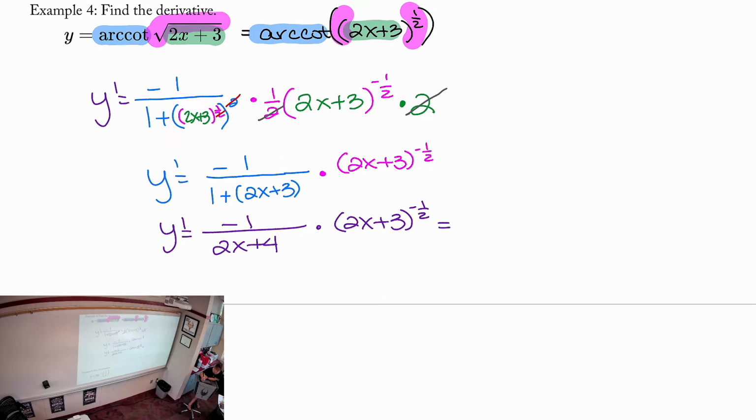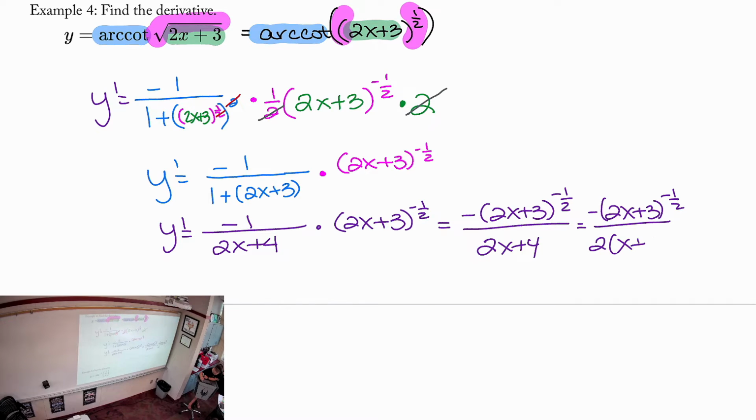So I could have done negative 2x plus 3 to the negative 1/2 over 2x plus 4. Or I could have also done negative 2x plus 3 to the negative 1/2 over 2 times x plus 2.